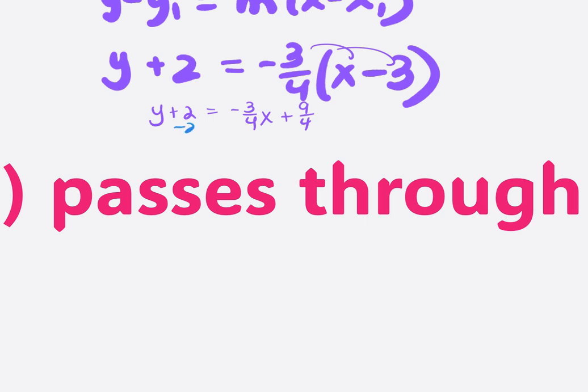And then subtract the 2, and I get y equals negative 3/4 x. 2 becomes 8/4, and this becomes plus 1/4. So that's one way to find it. If they give you point slope, you can plug it into point slope.